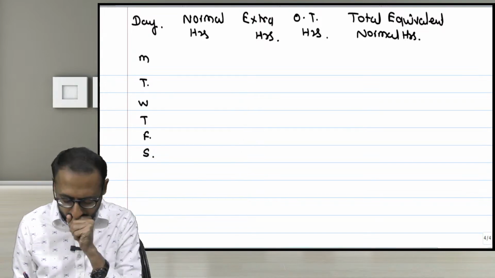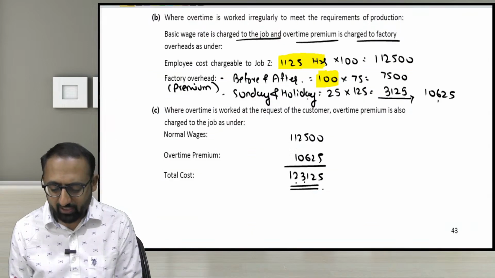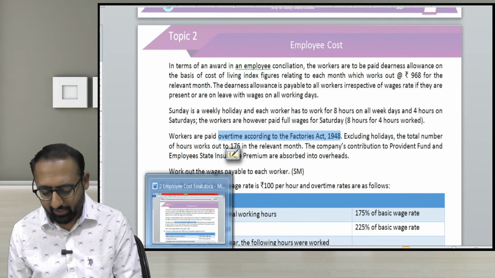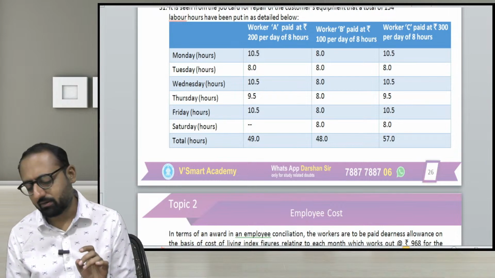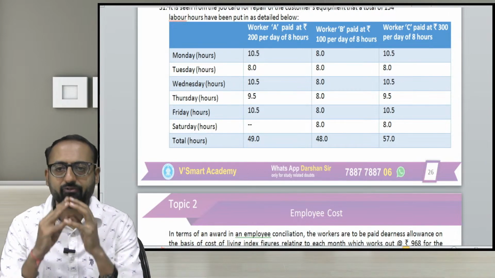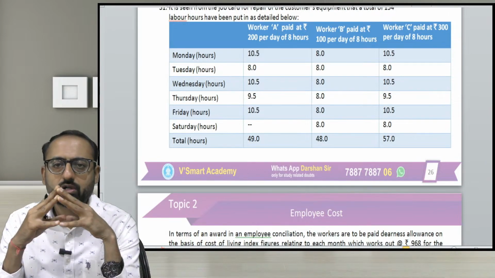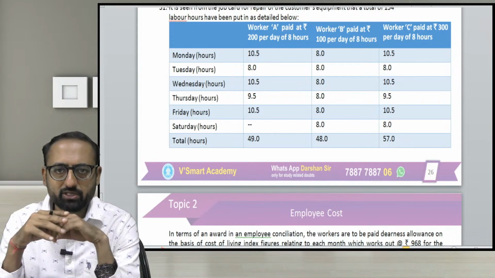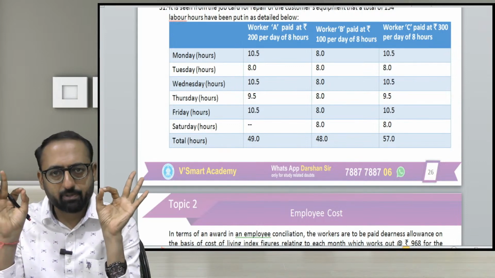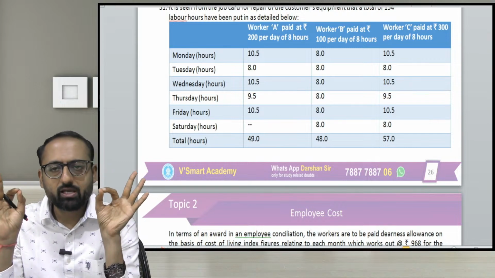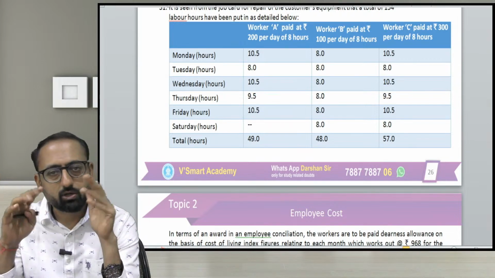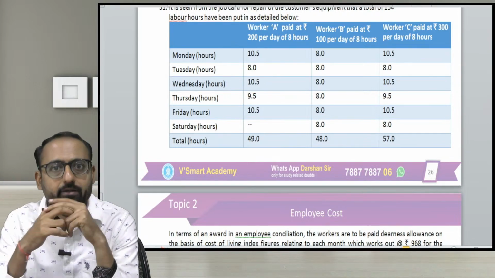On Monday, the worker is working for, you can check that. I'll concentrate only on worker A. On Monday, he is working for 10.5 hours. Now, what is the golden rule? The rule given in this question is that your normal hours per day is 8 hours. But overtime is not beyond 8.